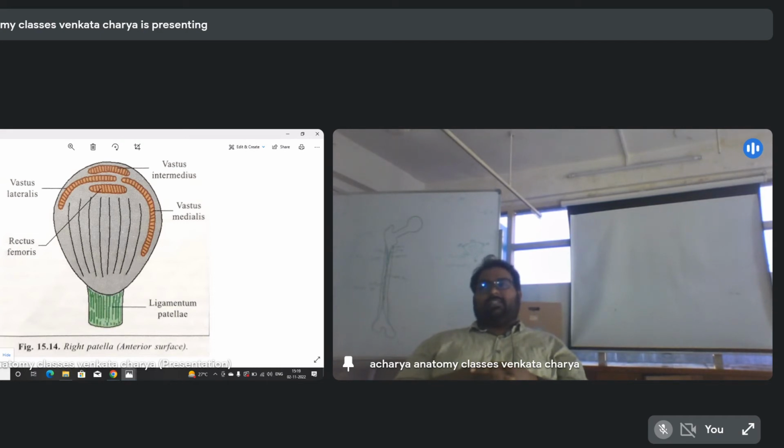There is an insertion of vastus lateralis muscle. Next, posterior part of the base. There is an insertion of vastus intermedius.